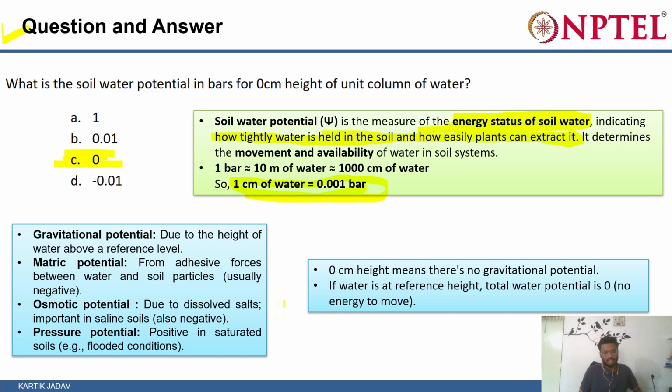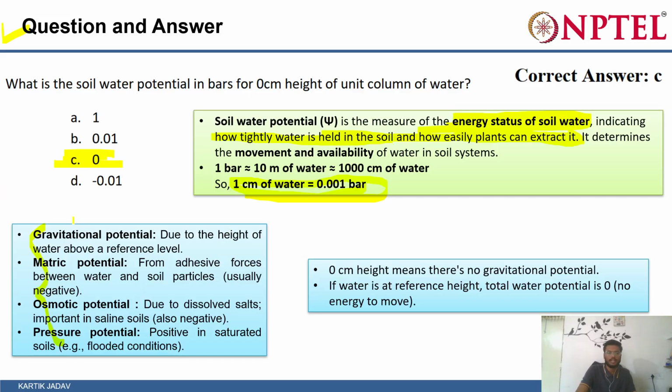Osmotic potential is due to the dissolved salt, important in saline soil, and is also negative. Pressure potential is positive in saturated soil like flooded conditions. So all these combined form the soil water potential, which ultimately shows the energy status of soil. It means how tightly water is held in the soil.